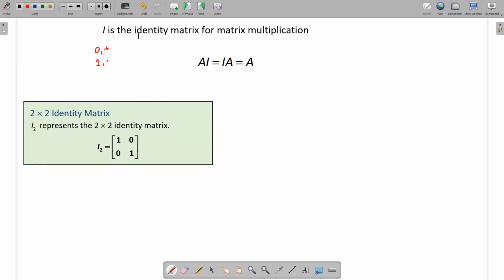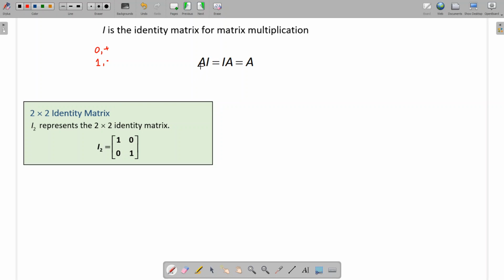We're going to call that matrix the identity matrix, and it should have a similar relationship, meaning that if you take a matrix A and multiply it by the identity matrix, it should give you the matrix A back. Similarly, the identity matrix multiplied by that matrix A should give you the matrix A back again. Now, matrix multiplication has some unique properties that are going to restrict the type of matrices that we could come up with for an identity.